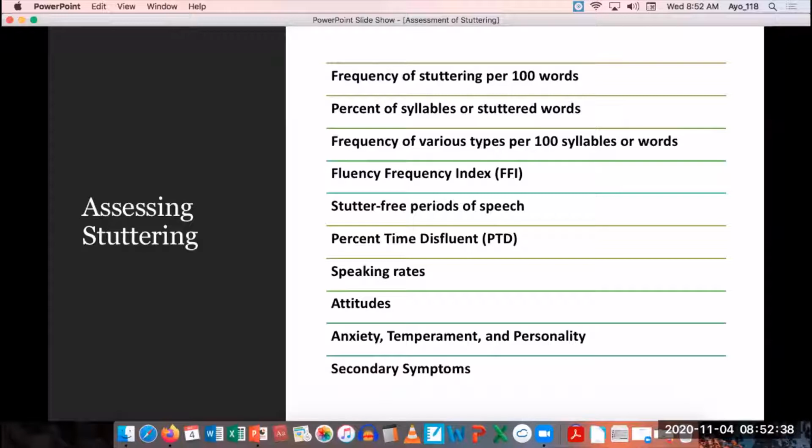The more disfluent they are, the longer it's going to take them to get through their sentence. So their speaking rate's going to be slower overall, okay?